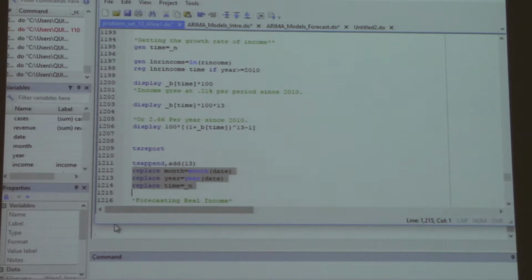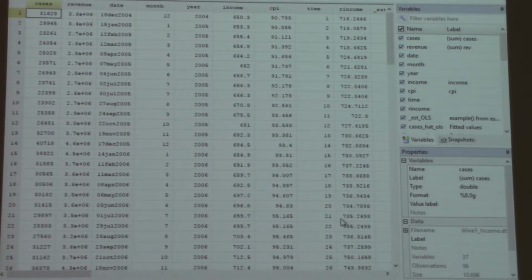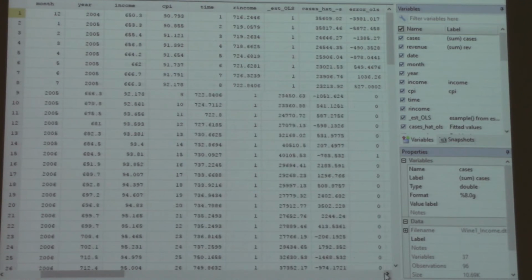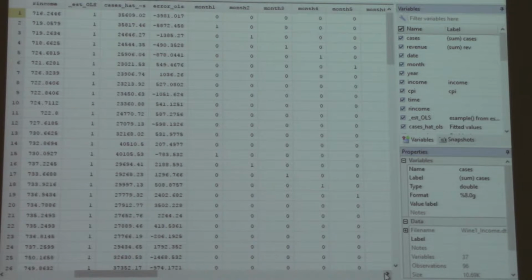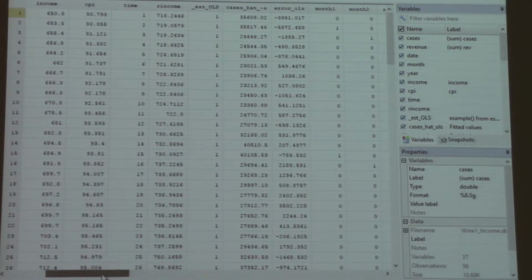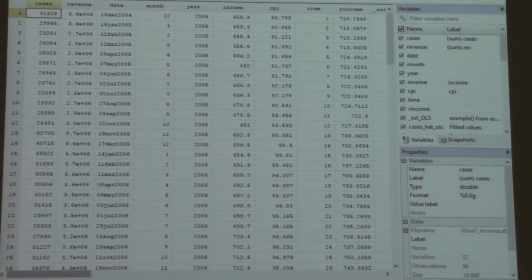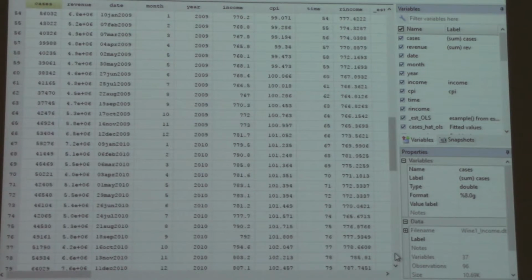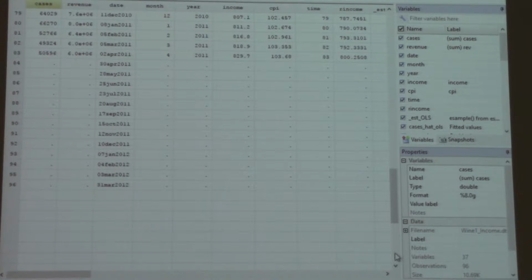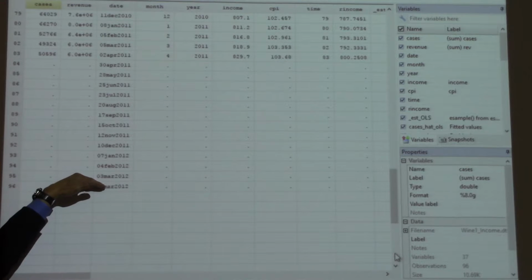So I'm going to go back before I do that. So we've added periods. So there's our months. Okay, so notice that it adds the dates and it follows that 28-day 4-week ending period.